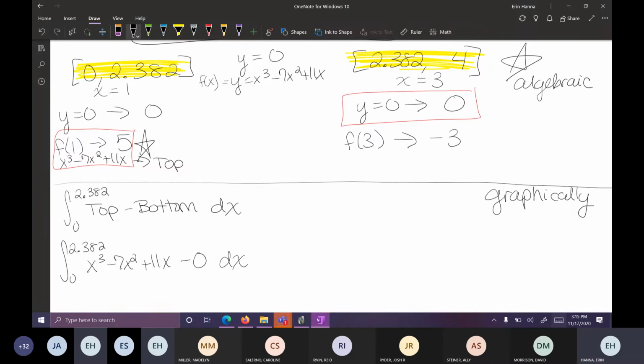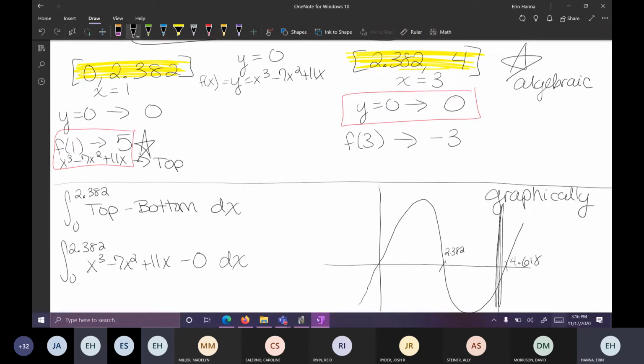Now, really quickly over to the graphic step. If you want to graph it, you graph the 2.382 and the 4.618. So we're essentially cutting it off right here. Remember the functions we're comparing.